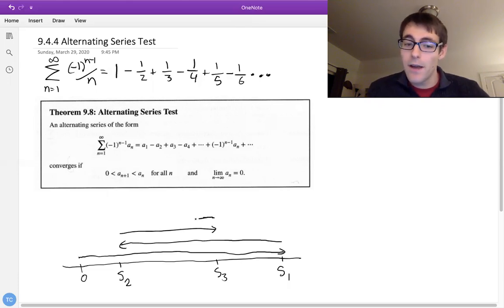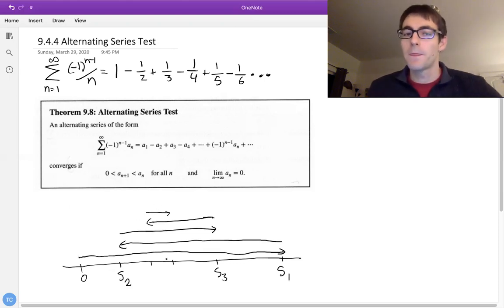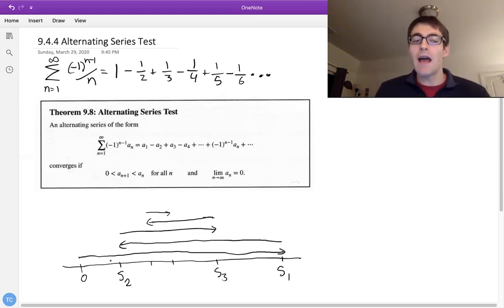So it has to be going in this direction. It can stop at any point here, but it can't go past here. So maybe it goes this far, and then the next term goes this far. And we can see that these partial sums are limiting towards some region in the middle. So no matter what these terms are, no matter how long these arrows are, this alternating series is always going to converge.